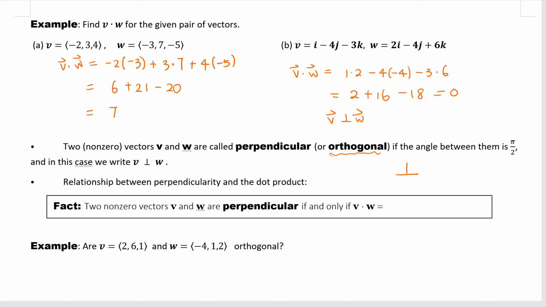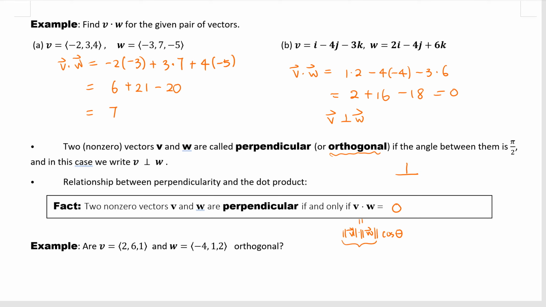And here we have the relation between perpendicularity and the dot product. Two non-zero vectors v and w are perpendicular if and only if v dot w equals, any guess? 0. Why is that? Because remember, the dot product is the length of v times the length of w times cosine of the angle between them.